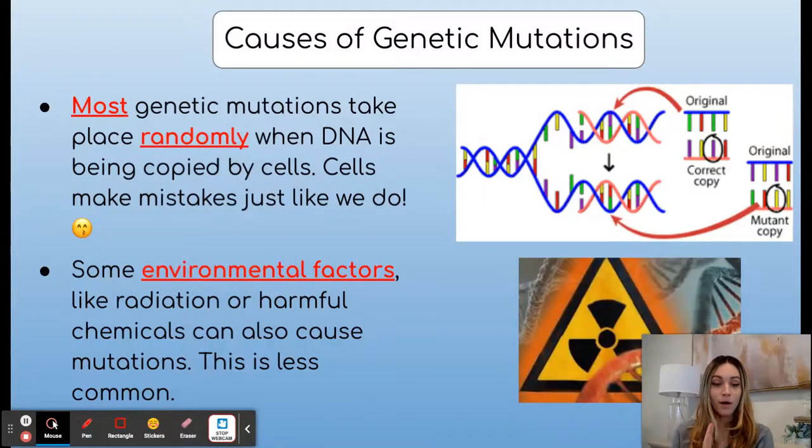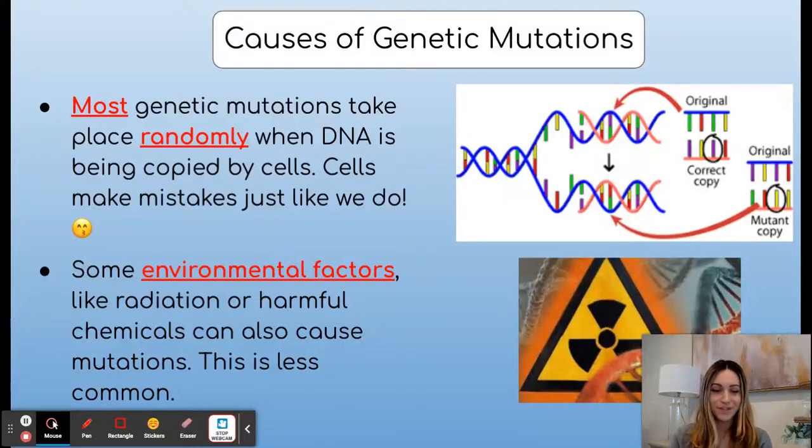Most, meaning almost all, mutations actually are just random mistakes that happen when DNA is being copied in cells. So think about when you're writing a sentence or writing a whole paragraph, you might accidentally spell a word wrong, or you might write a D instead of a B because you're writing quickly. Cells, as they are replicating or copying DNA, make mistakes all the time. This is where genetic mutations arise or where they come from.